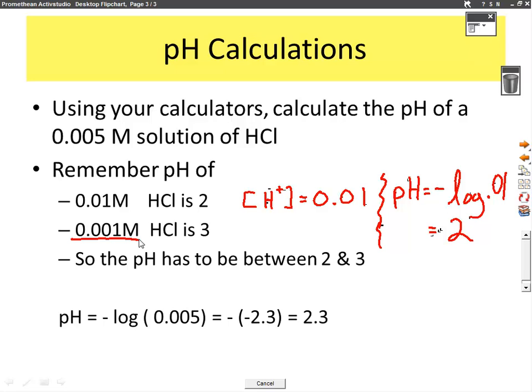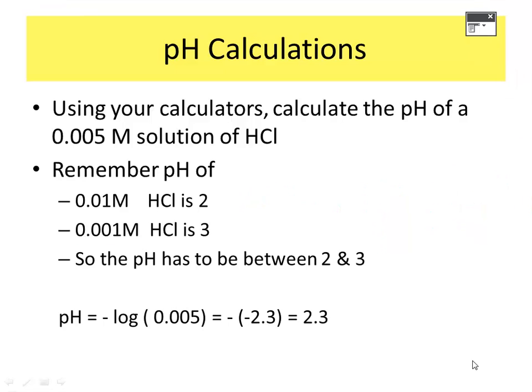When you type in the log of 0.001 and get a negative number, make sure you put the minus sign in front of the pH. Like the negative log of 0.005 is negative 2.3. Negative of a negative becomes a positive 2.3. Normally your pH scales are going to be between 0 and 14. Everything in our class will probably be that.